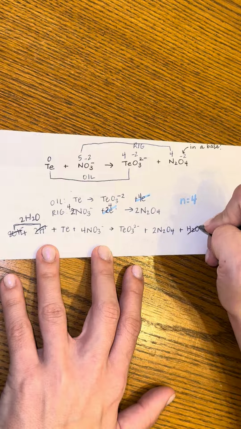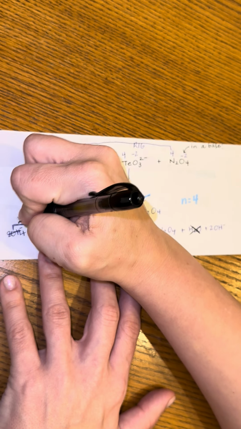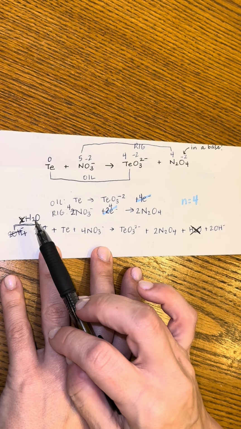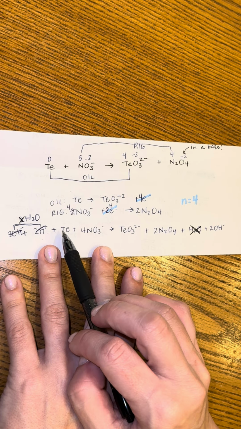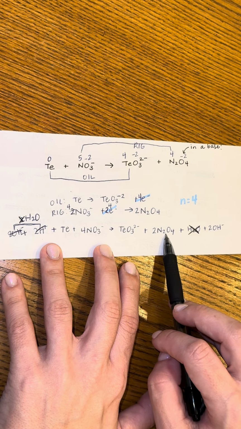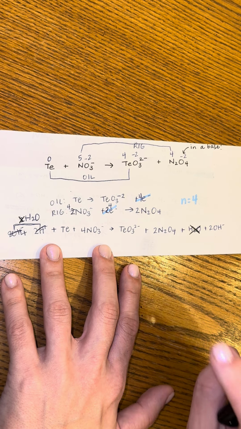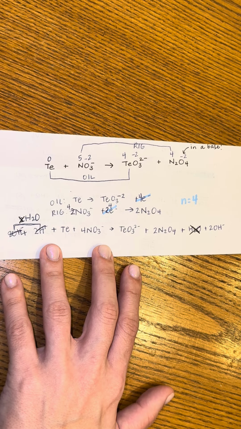And so that's what we have to do last. That water goes away, and one of these goes away. So our final answer is 1 water plus Te plus 4 nitrates gives us TeO3 negative 2 plus 2 of these plus 2 hydroxides. And that's what you do if you're in a base.